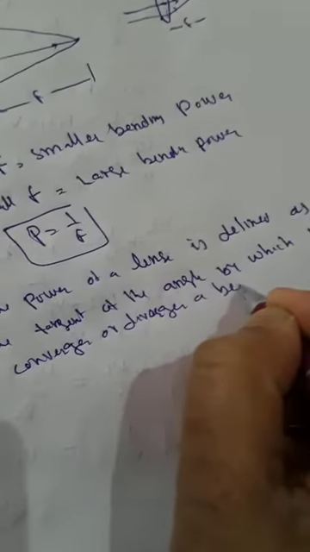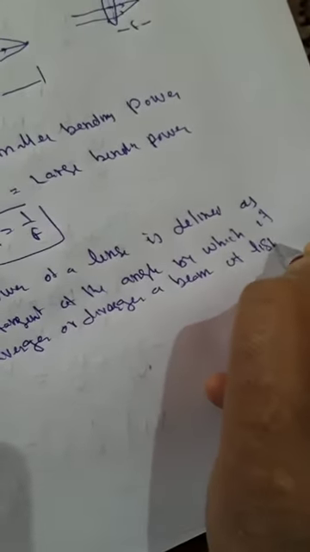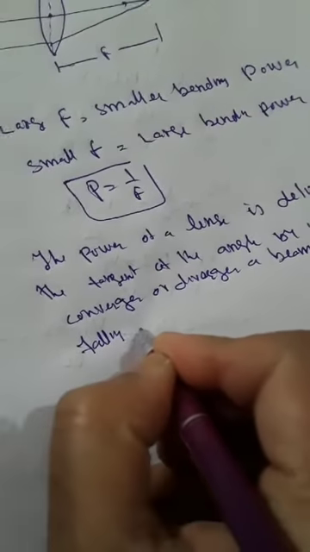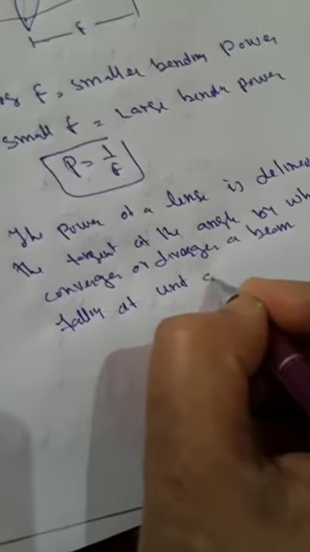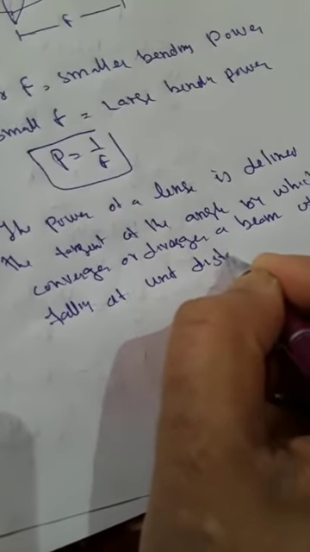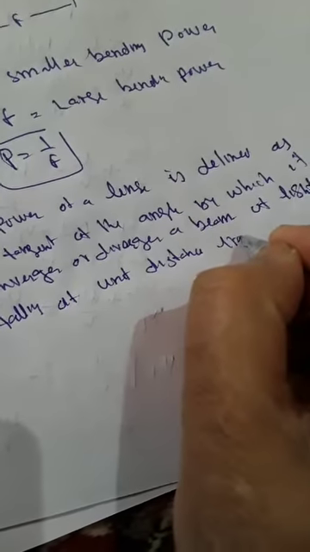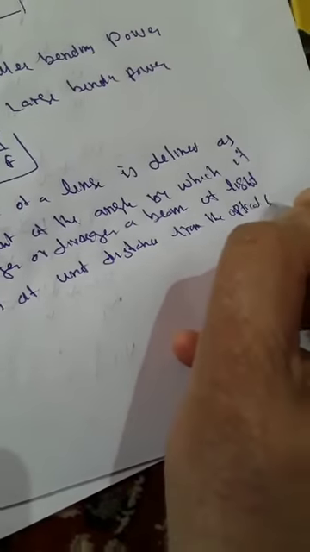A beam of light falling at unit distance. This is important, at unit distance from the optical center. I will explain you.